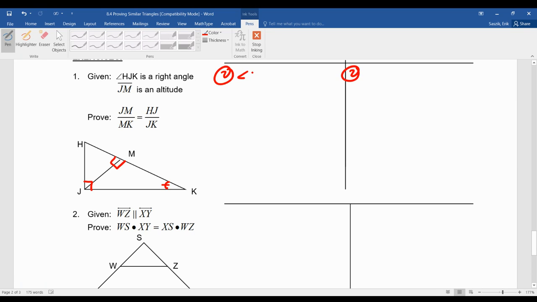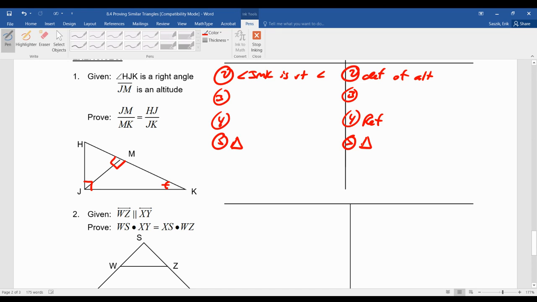So angle JMK is a right angle. We can write def of altitude now. Say that the right angles are congruent in the next step. I'm not going to write that down. Then reflexive in step 4.